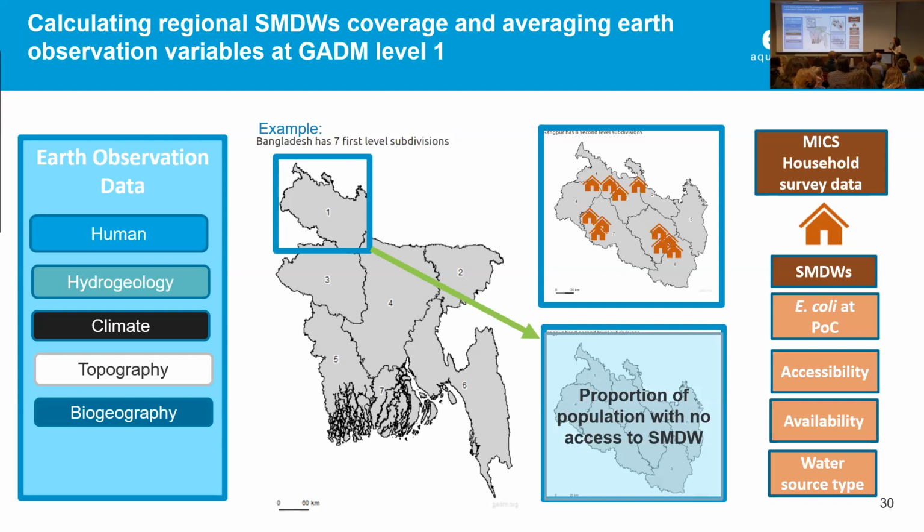Then we've used averages of these Earth observation layers and matched them at global administrative district level 1. And so we model safely managed drinking water as our outcome variable.